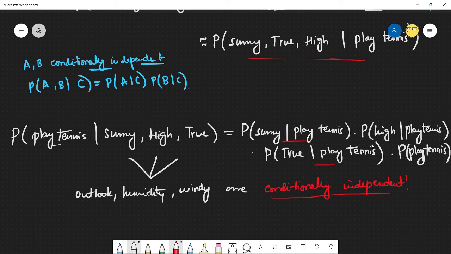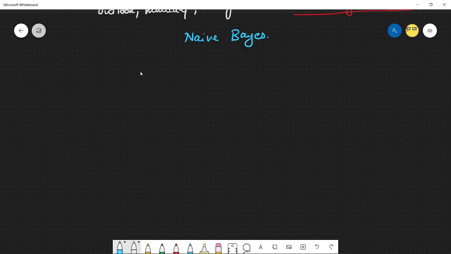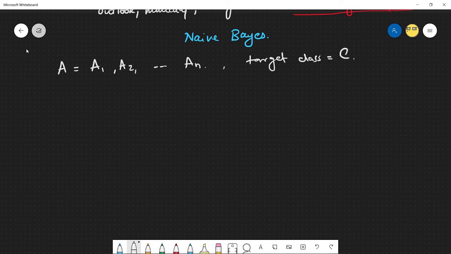And this whole idea that all my data and attributes are conditionally independent is called naive Bayes. Let's write a more formal definition here. If I consider attributes A, basically A1, A2, all the way to AN, in our case this could be outlook, temperature, humidity, and so on and so forth, and we also have a target class C, and these are our attributes here.